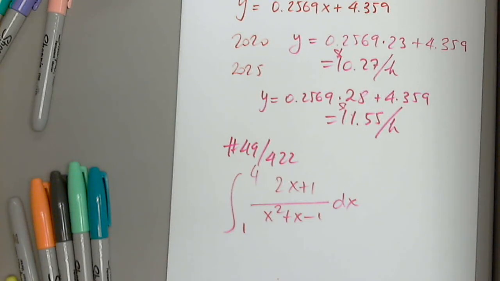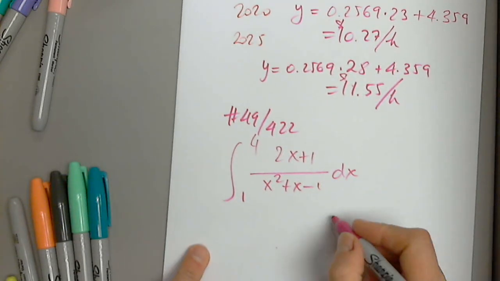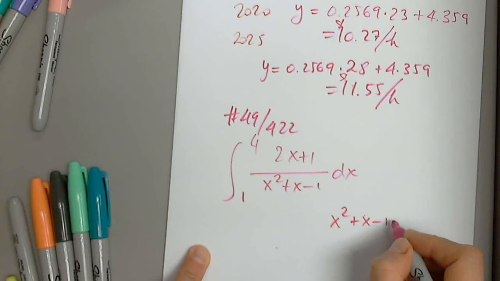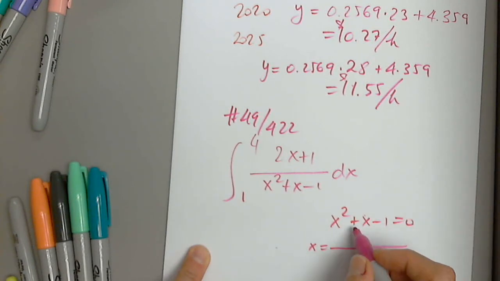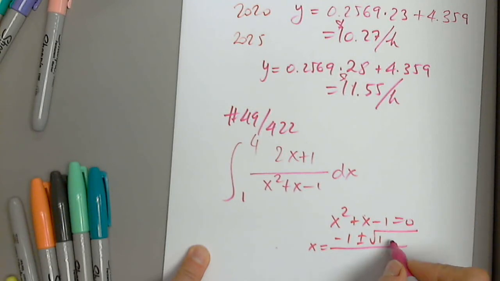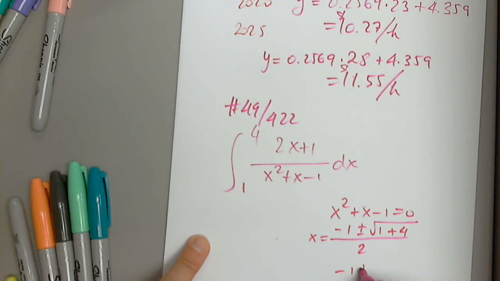But this will not be 0 between 1 and 4. How do I know? Well, if I solve this equation, negative b plus or minus the square root of b squared minus 4ac over 2a. So this will be negative 1 plus or minus the square root of 3 over 2.